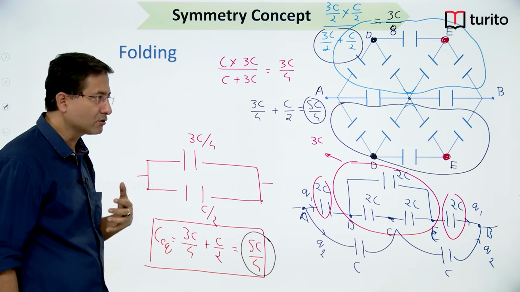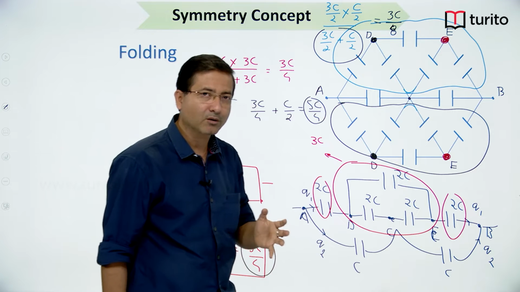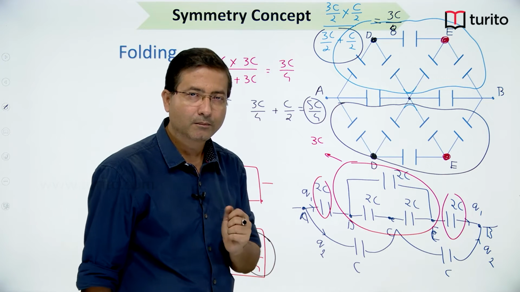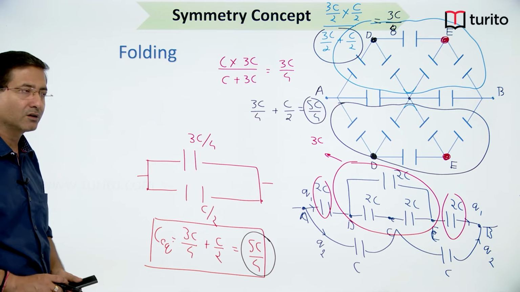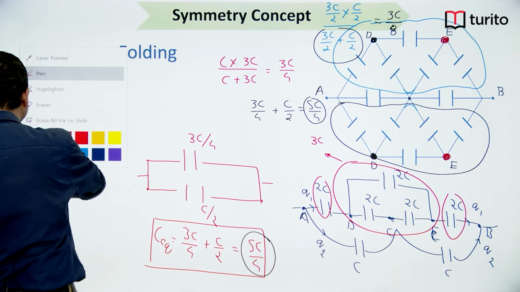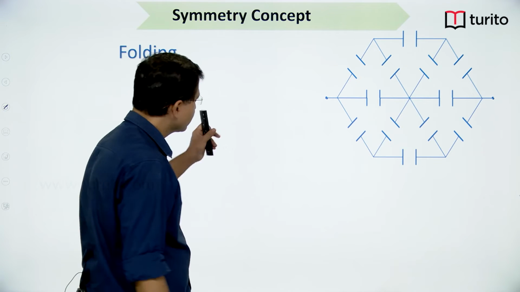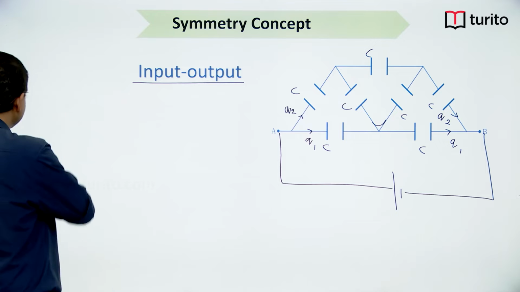Slowly, once you have practice, you will realize that a particular type of problem can be easily solved by input output symmetry or by folding symmetry. I hope the concept of input output symmetry and folding symmetry are both clear. Folding symmetry we discussed, and input output symmetry we have discussed.